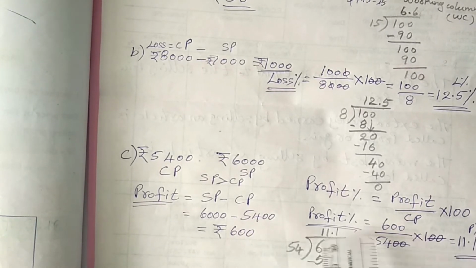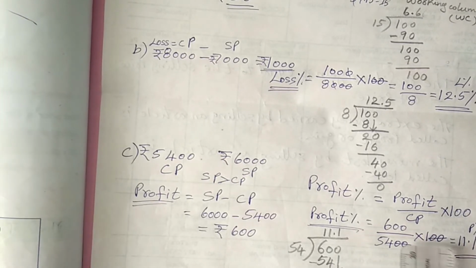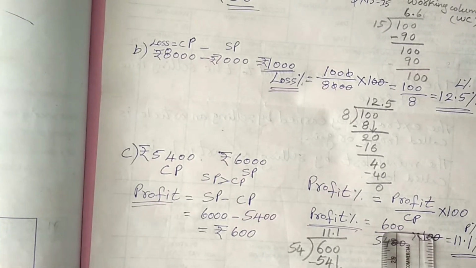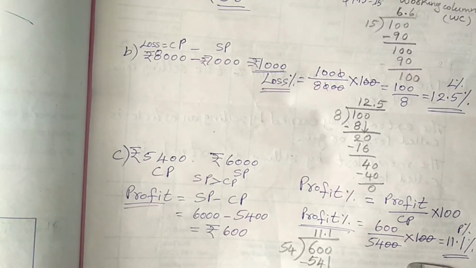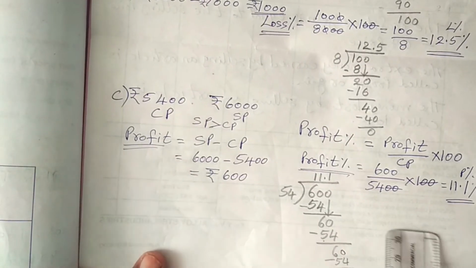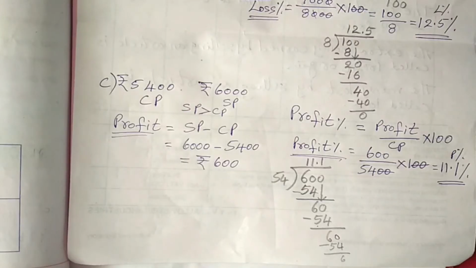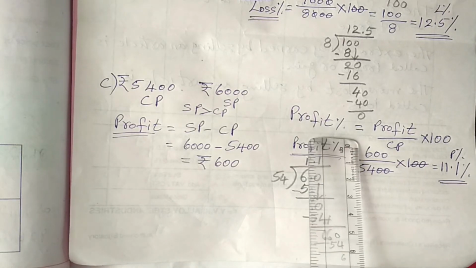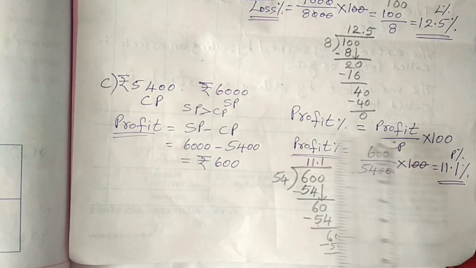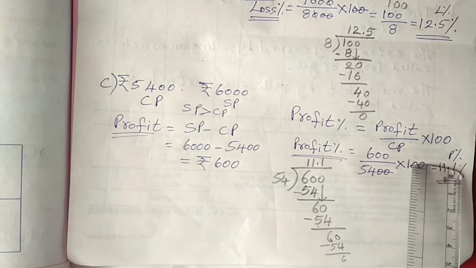Okay, now we shall find out the profit percentage. So the profit percentage formula is profit by cost price into 100. Right? Now, profit percentage we have to find out. Formula you know. Profit percentage is equal to profit by cost price into 100.